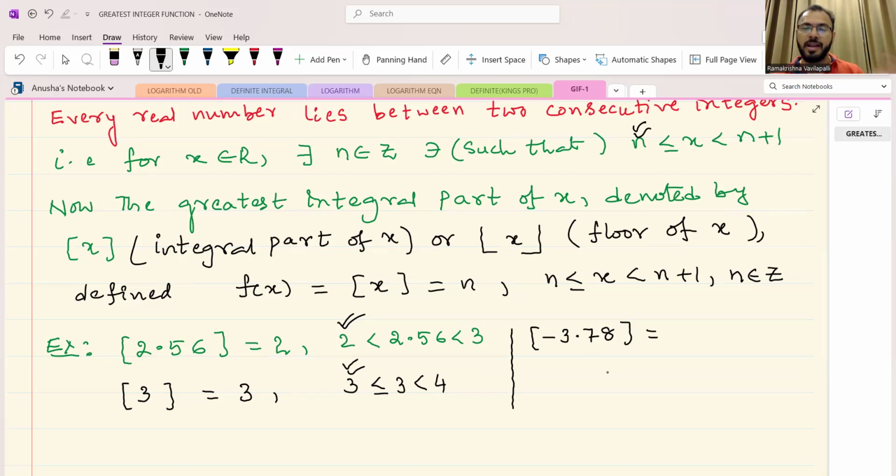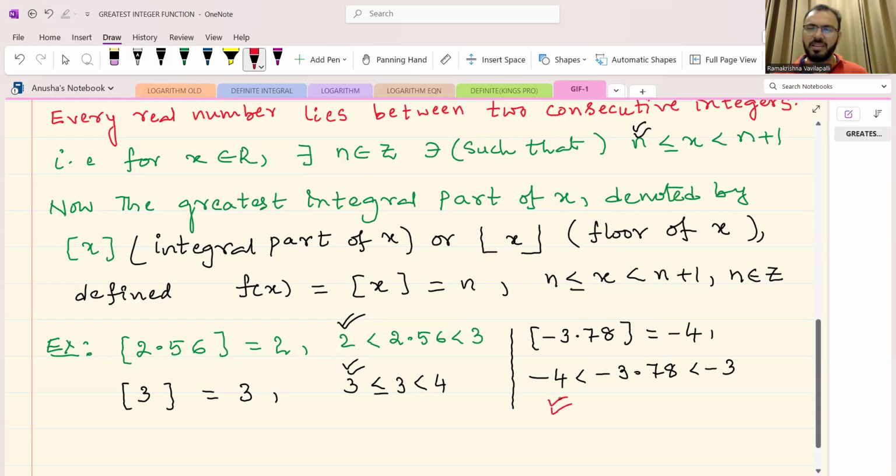Among those, the greatest one is minus 4. Minus 3.78 lies between minus 4 and minus 3, and you choose the lower integer only. Now whatever number you give, you can easily find its integral part.